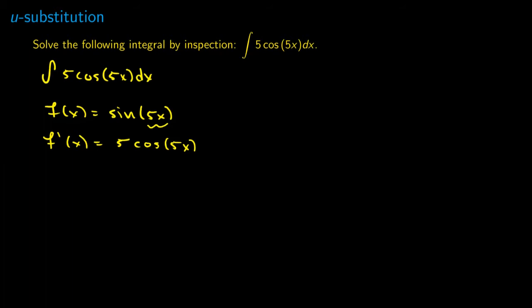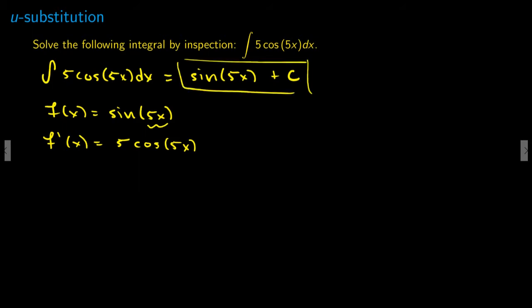Which is exactly what we had in our integral. So we get 5 cosine 5x, which means that the integral of 5 cosine 5x dx has to be sine of 5x plus some constant of integration, c.